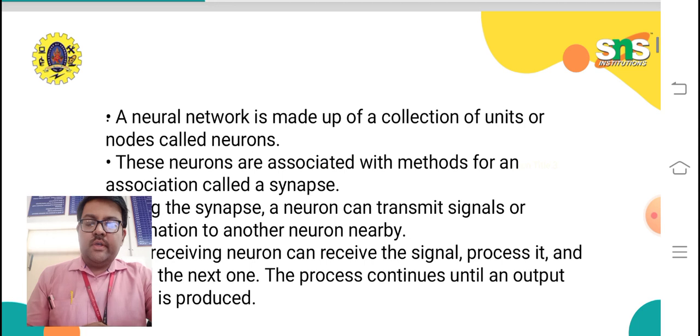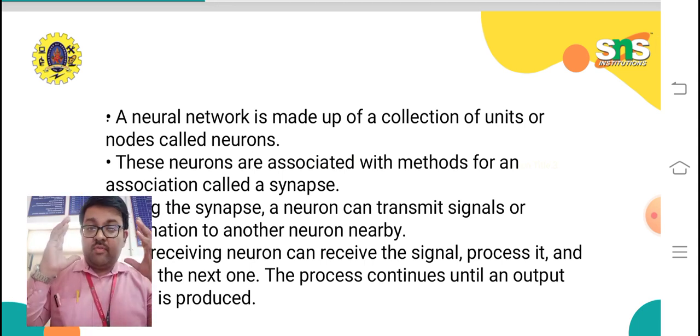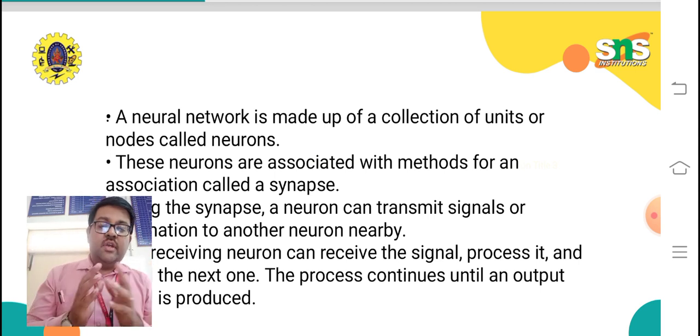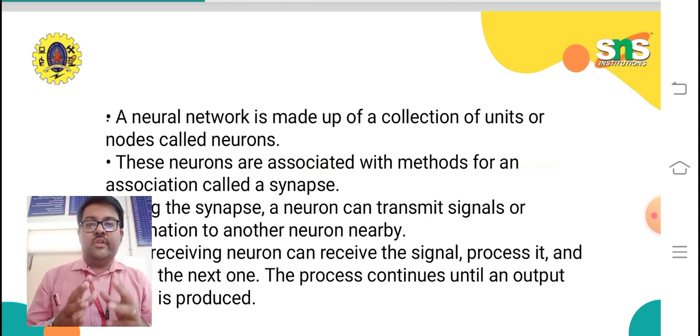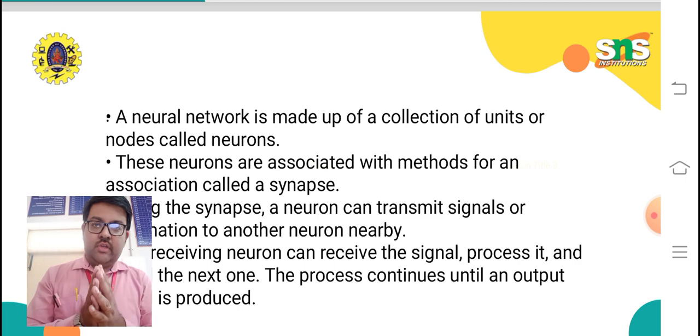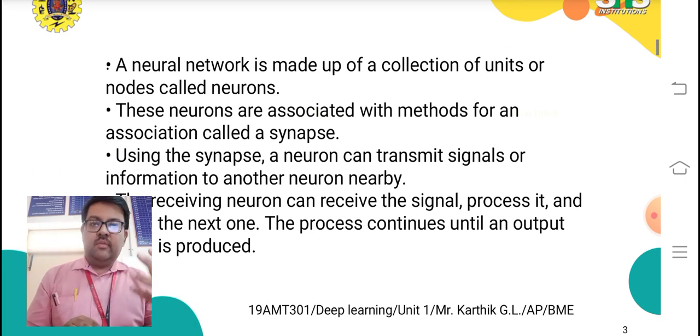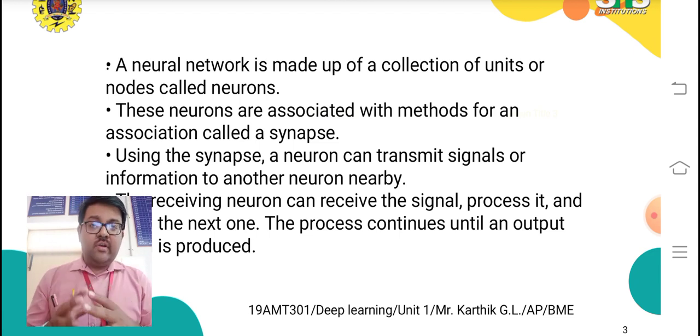A neural network is made up of a collection of units or nodes called neurons. Just like our brain is made up of neurons, a neural network is a collection of nodes called neurons. These neurons are connected by what are called synapses, analogous to the biological neural network. In a biological neural network, a synapse transfers the signal from one neuron to another neuron.